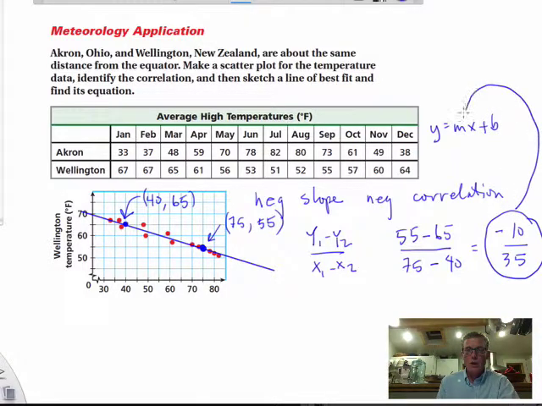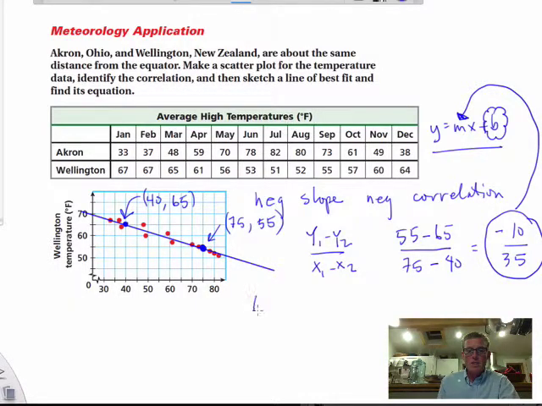Just take that and drop it right into this equation. We're almost there. The only other thing we need to do is solve for b. What I'm going to do now is take one of these 2 points and drop it back into this equation up here. Let's just choose 40 and 65.